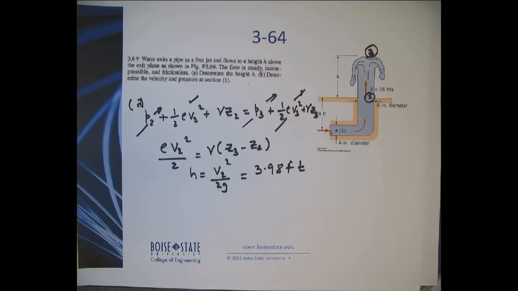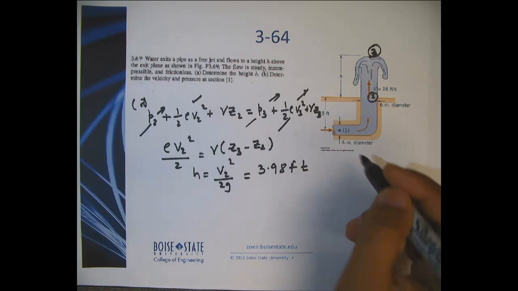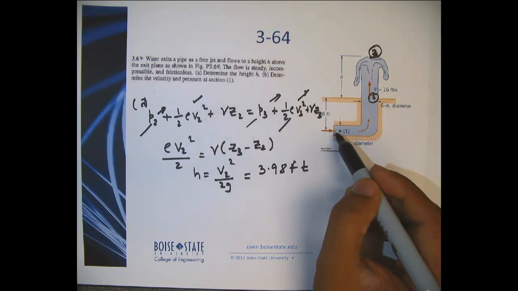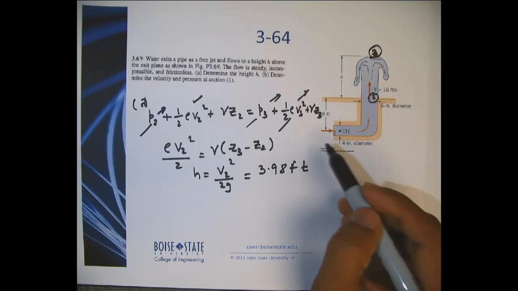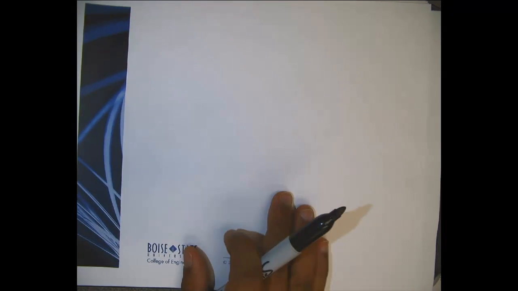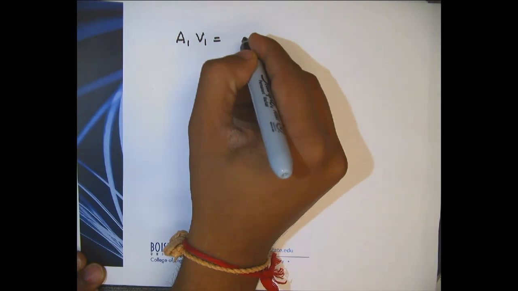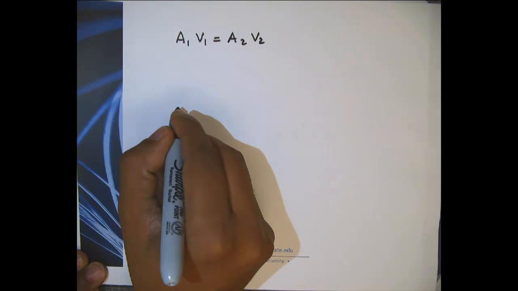Now let's look at part B, where we are asked to determine the velocity and the pressure at section 1. So before we jump in, since it's a steady flow, going from point 1 to point 2, the flow rate has to be the same. Using that fact, I can write steady flow Q1 equals Q2, or A1 V1 should be equal to A2 V2.